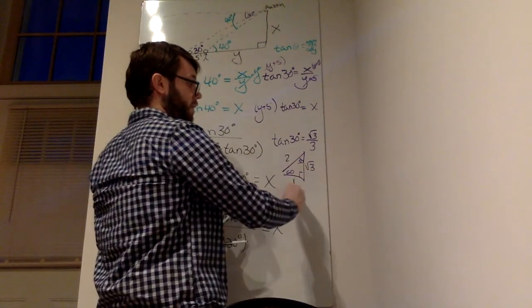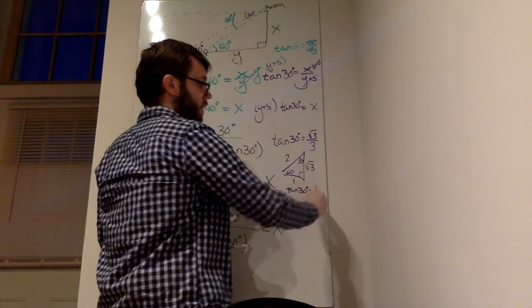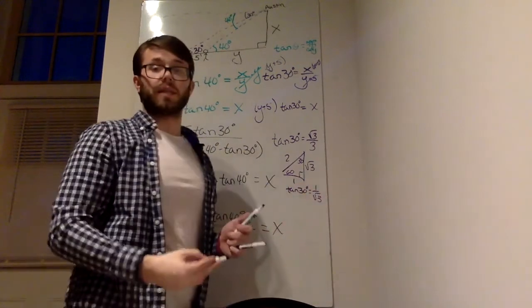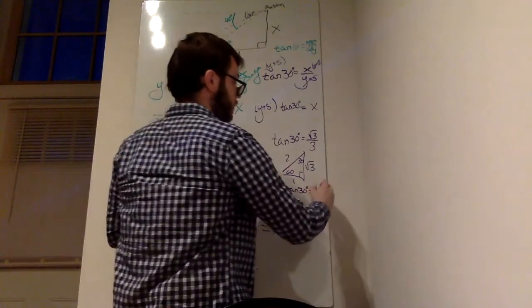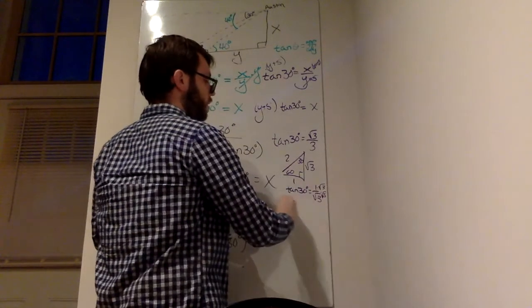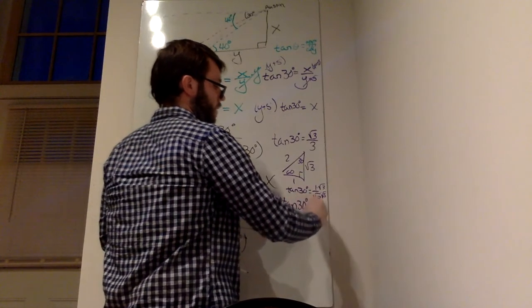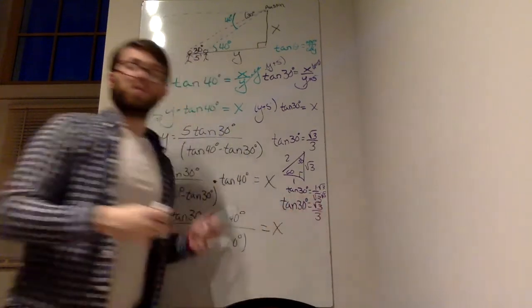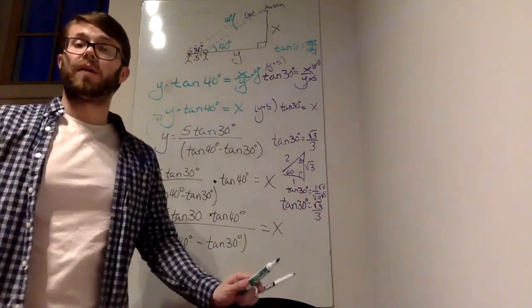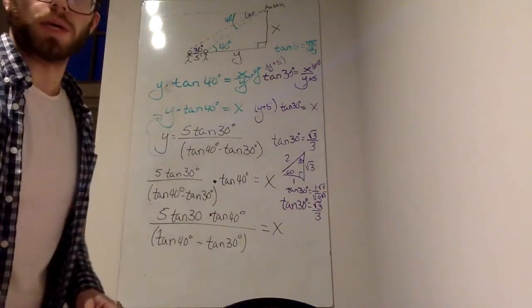So tan of 30 equals 1 over the square root of 3. Now I don't leave things like that. I need to rationalize, times the square root of 3 over the square root of 3. And that's where I get my tangent of 30 is root 3 over 3. That's why it is that way. Unfortunately, I don't really think it provides any additional information at this point in our problem.